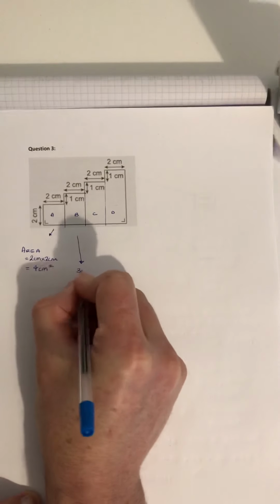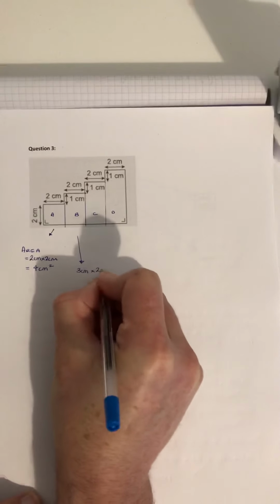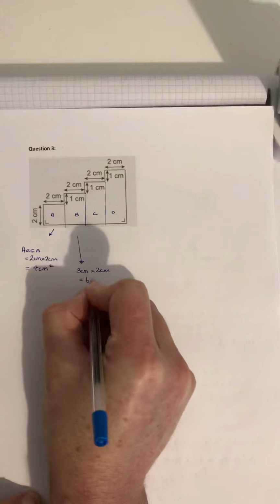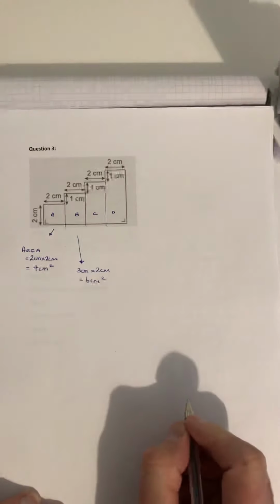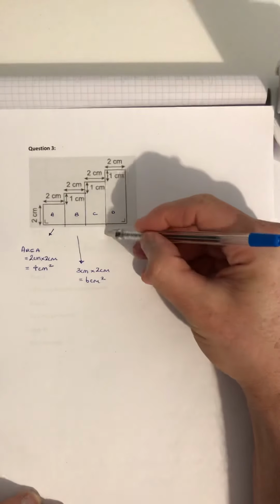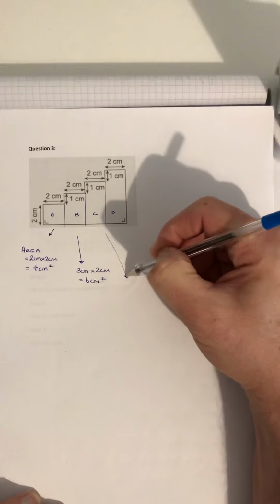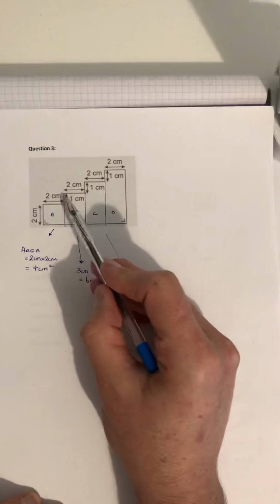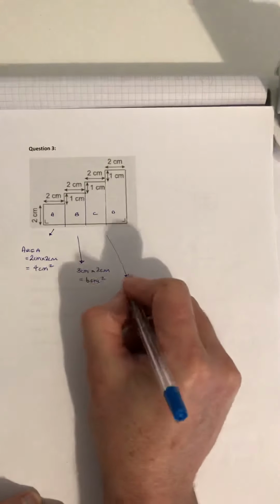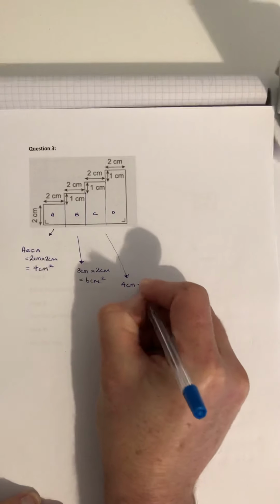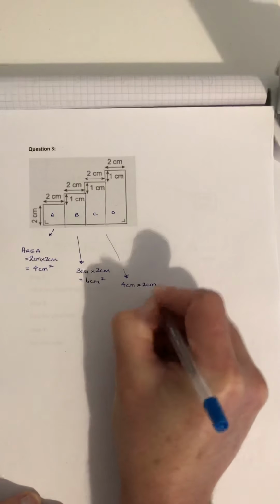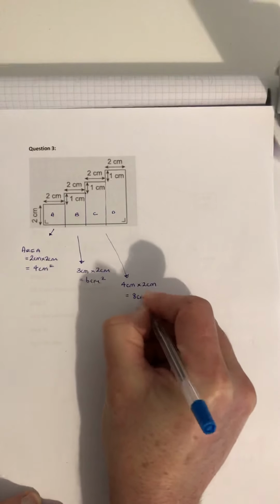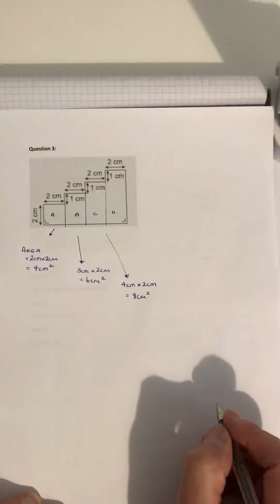So 3 centimeters by 2 centimeters across is 6 centimeters squared. Now we'll do C. We're going up 1 more, so 2 plus 1 is 3, plus 1 is 4 centimeters. Multiply that by 2 centimeters across is 8 centimeters squared.